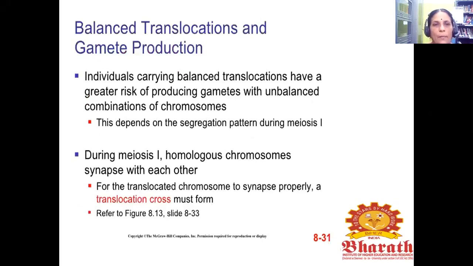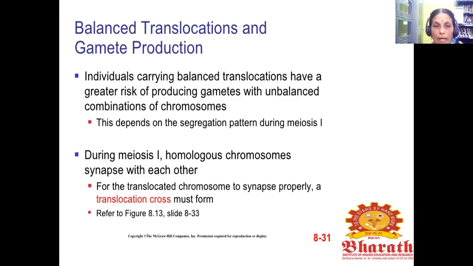So first let's see the balanced translocation and gamete production. Individuals carrying balanced translocations have a greater risk of producing gametes with an unbalanced combination of chromosomes.